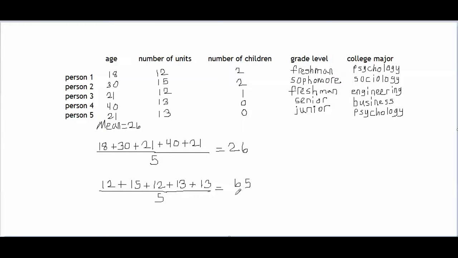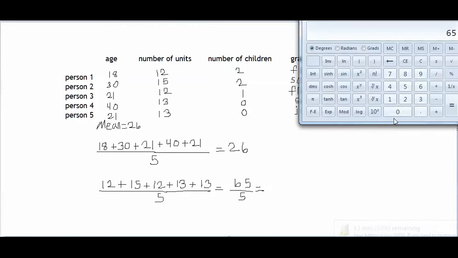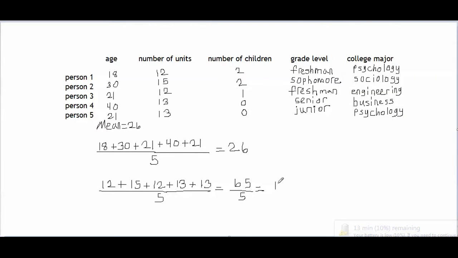And 65 divided by 5 is 13. Sorry, I think I didn't show you all of the work here.